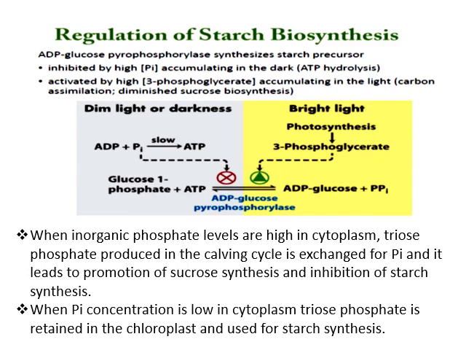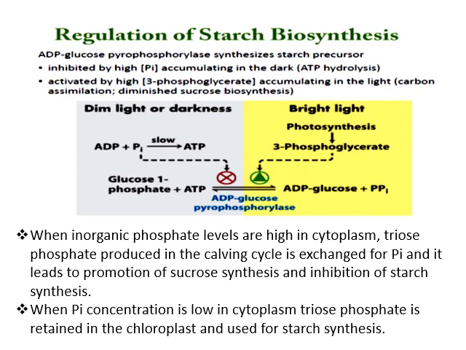It has been observed that this enzyme is inhibited by a high concentration of inorganic phosphate, which accumulates in the cytoplasm in the dark. High concentration of inorganic phosphate in the cytoplasm results in enhanced sucrose biosynthesis, and the enzyme is activated by a high concentration of 3-phosphoglyceric acid inside the chloroplast.